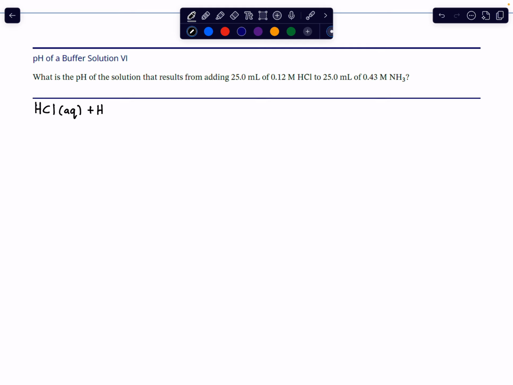If you put hydrochloric acid in water, it of course is a strong product forming reaction in which hydronium is formed, right? Hydronium, and then there's some chloride ions present.